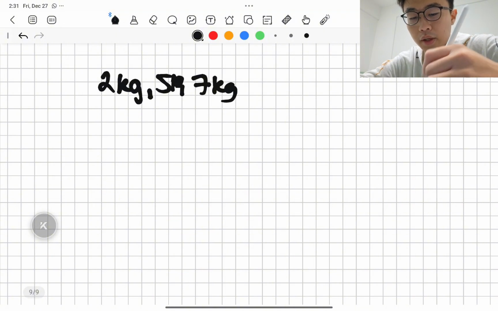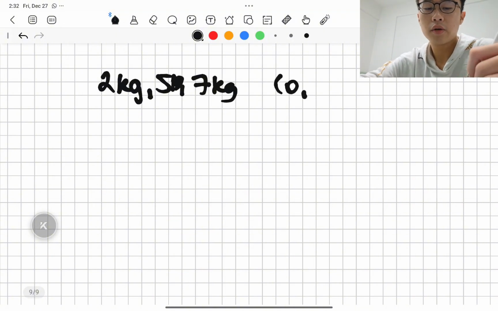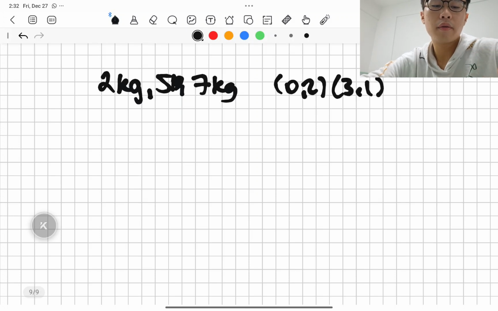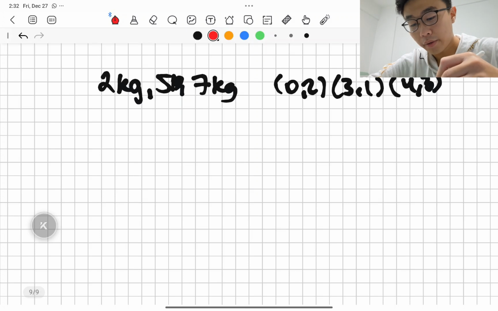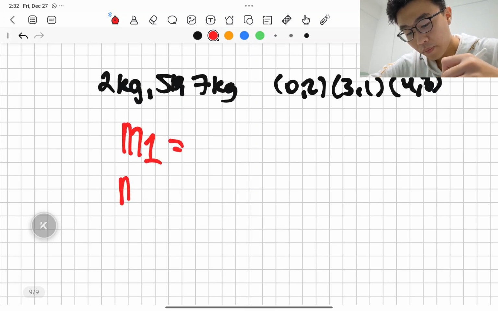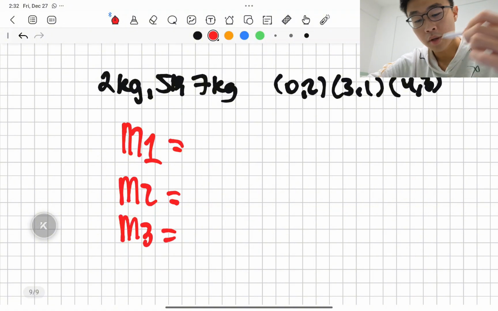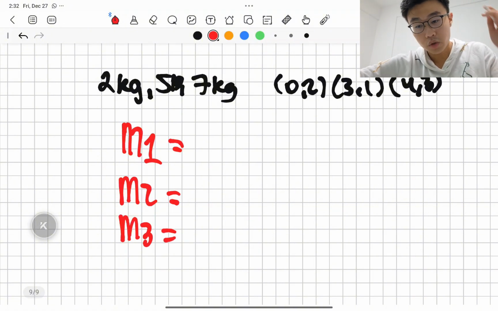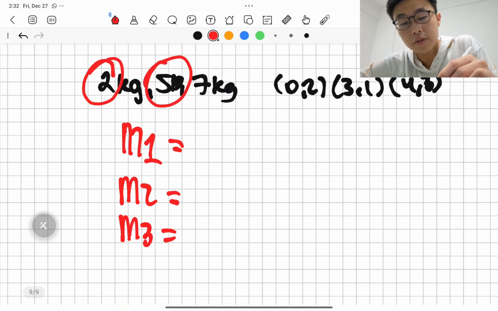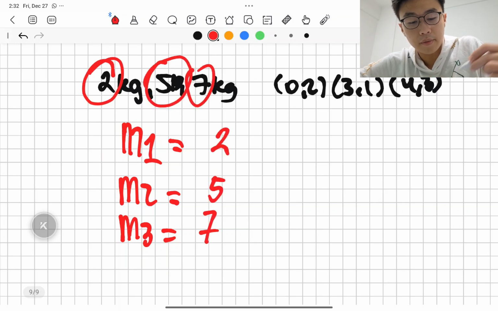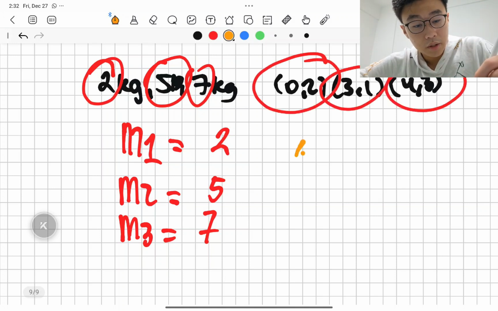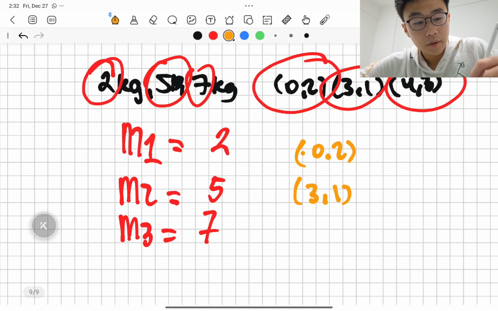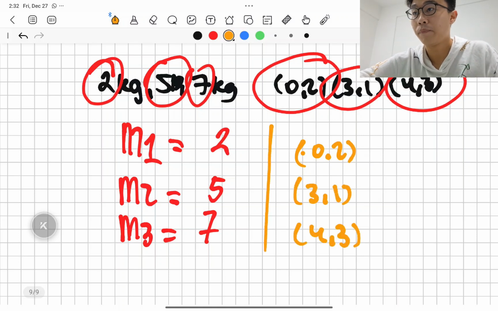They are located at the points (0,2), (3,1), and (4,3). Now we are told to find the moments about the x-axis and the y-axis. First we need to find m1, m2, and m3, which are respectively the masses themselves: 2, 5, 7, and they are located here, here, and here.